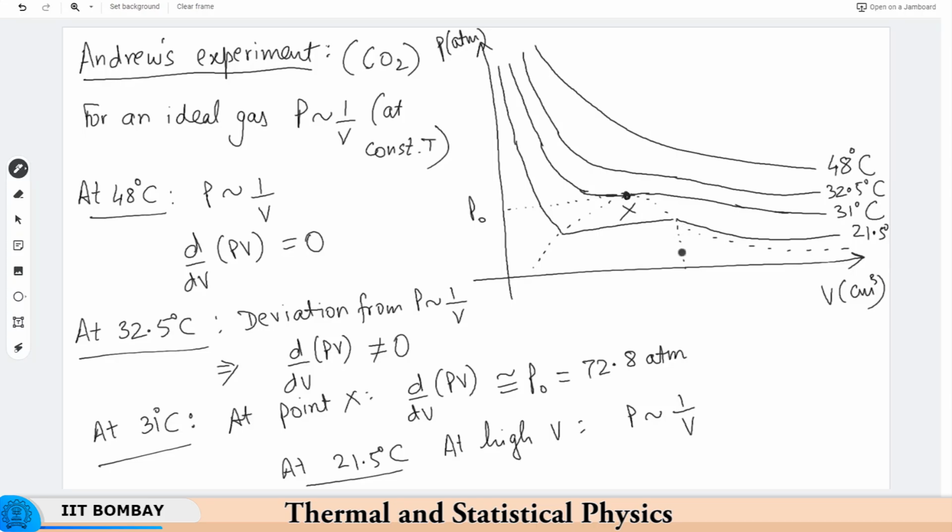Let's call these points, this point B, and let's say this is A.